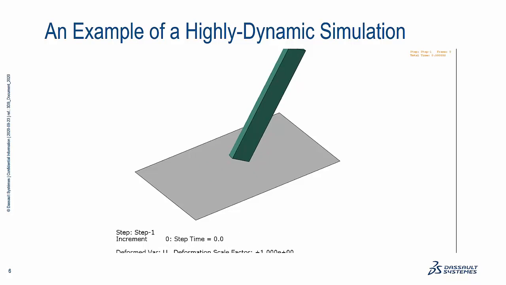So if we're familiar with Abaqus Explicit, this is our standard copper rod impacting an oblique plate impact problem. Very highly dynamic, lots of changes of contact. But Abaqus Explicit is not just appropriate for some of these highly dynamic problems.